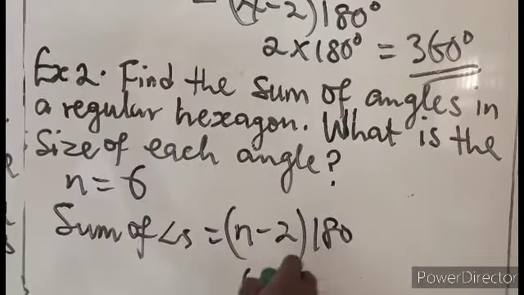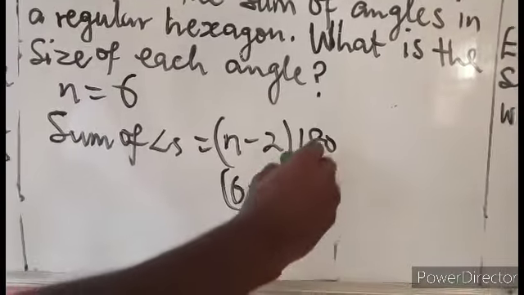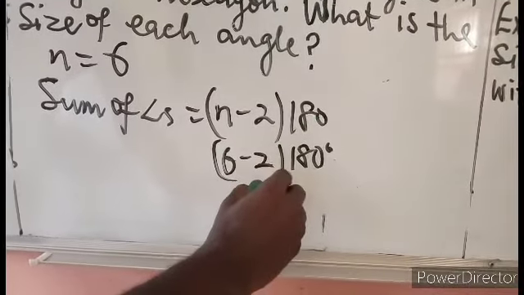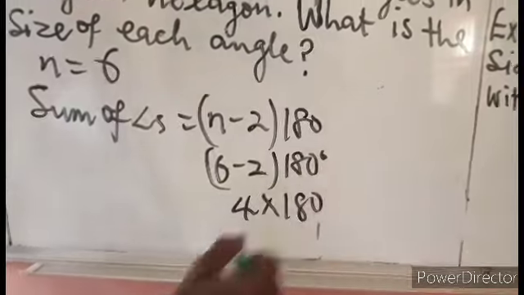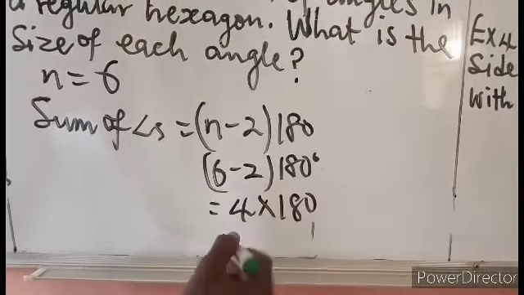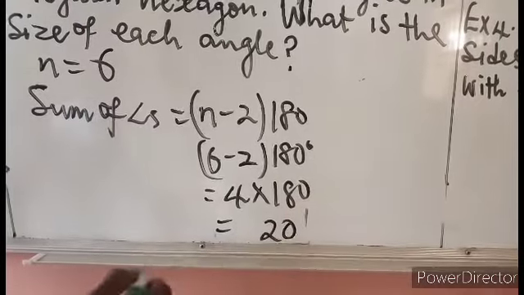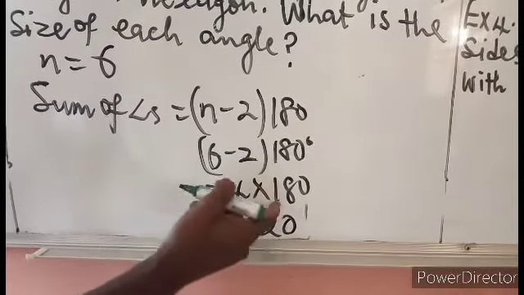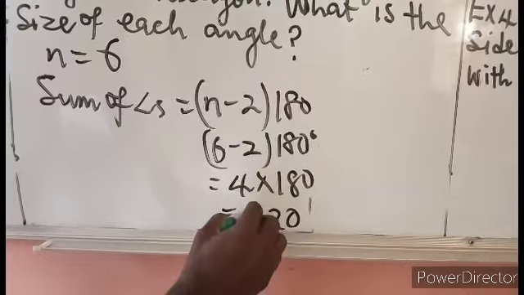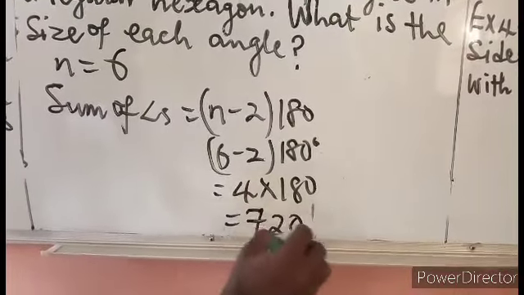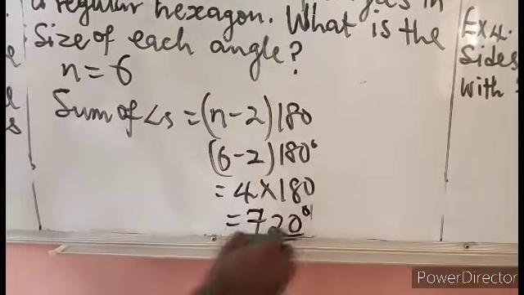So you have (6 minus 2) times 180 degrees. 6 minus 2 is 4. 4 times 180. Which will give you 720 degrees.